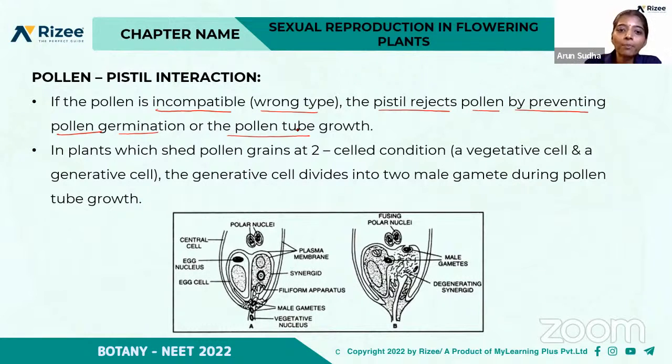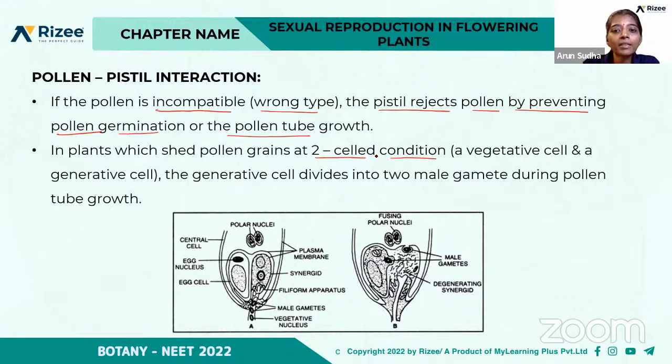Okay. So in plants which shed pollen grains at the two-celled condition, we saw that in 60% of angiosperms, the pollen grains are shed at the two-cell stage. So what are the two cells? One is a vegetative cell and the other is a generative cell, right? We saw that in the pollen grain.